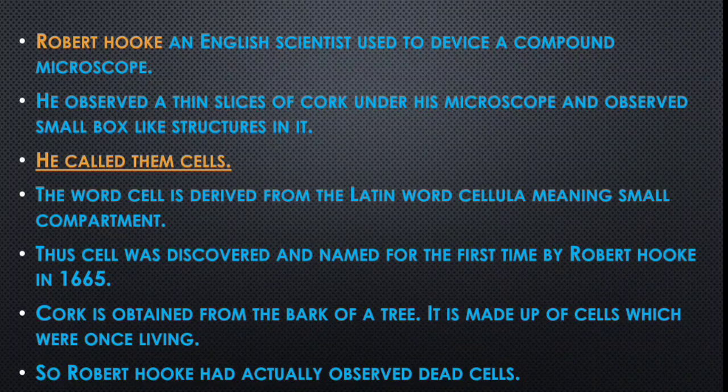So who gave the term cell? Robert Hooke. The word cell is derived from the Latin word cellula, meaning small compartment. Thus, cell was discovered and named for the first time by Robert Hooke in 1665.